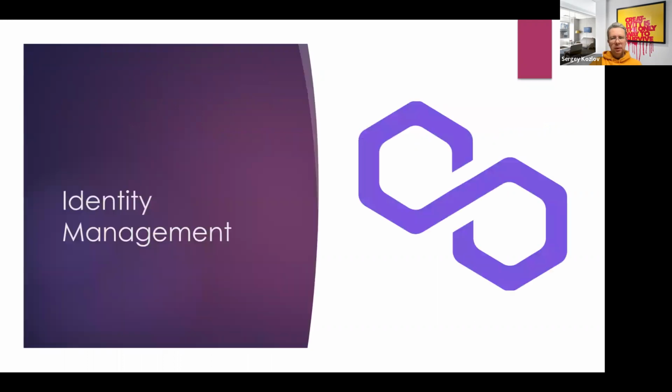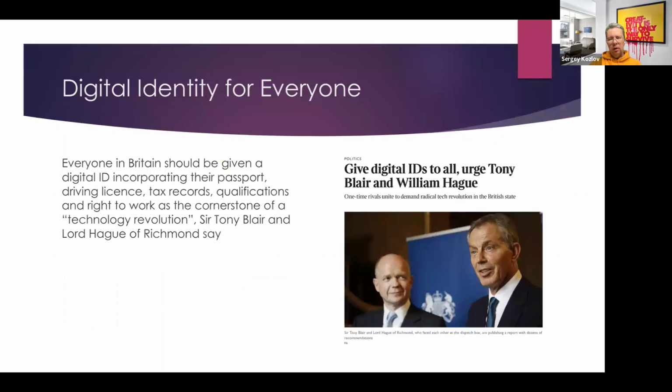Let's start with identity management. The most advanced in this technology now is actually Iden3 technology, which is developed by the Polygon blockchain company.